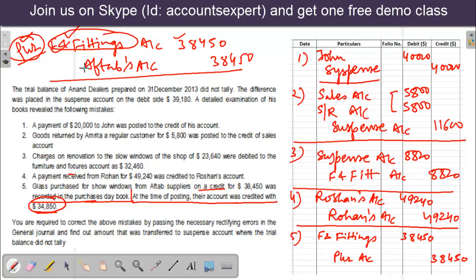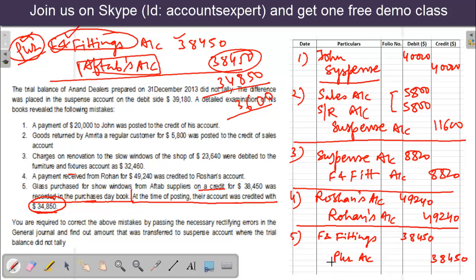We have to credit Aftab's account with this much amount, but we credited only 34,850. So it means Aftab's account was under credited, isn't it? With how much? 14 minus 8 is 6, and 7 minus 4 is 3, so 3,600.